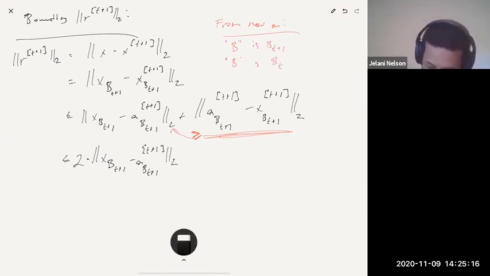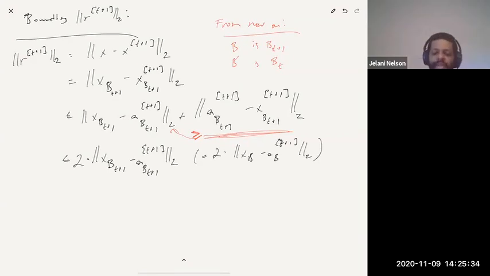Let me get rid of all that, it's confusing. So this is 2 times the norm of x_B minus a_{t+1} restricted to B.